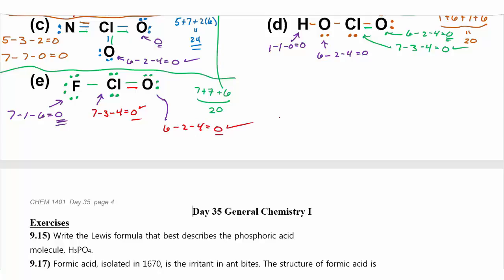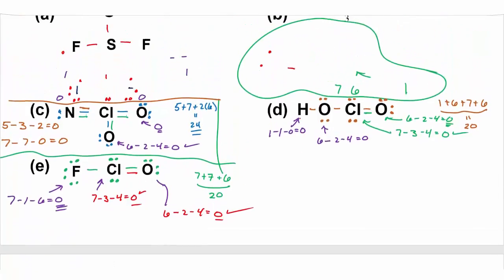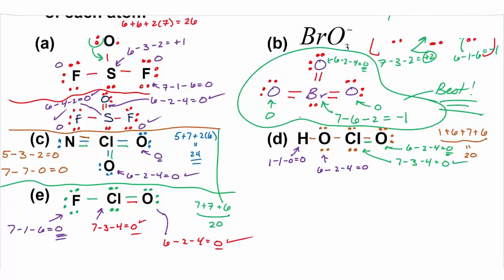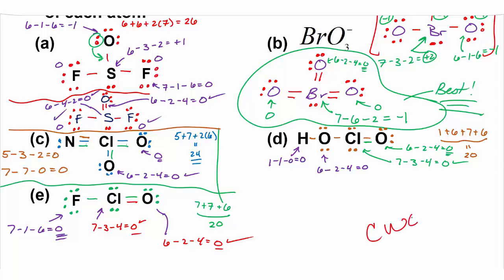Great. So the idea here in drawing the best Lewis dot structure for molecules is to use formal charge. We're not even using CNOS anymore. We use it as a guide, but no, formal charge rules the day.